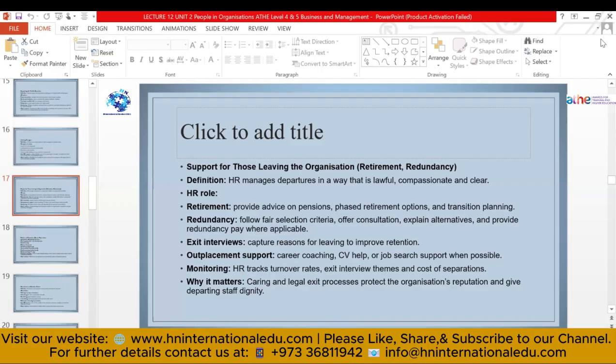Exit interviews capture the reasons for leaving to improve retention. What is the reason you are leaving the organization? If it's something you can resolve, try to, because organizations never want to lose employees, because they're assets. You have invested in them by giving them different workshops. Outplacement support, career.